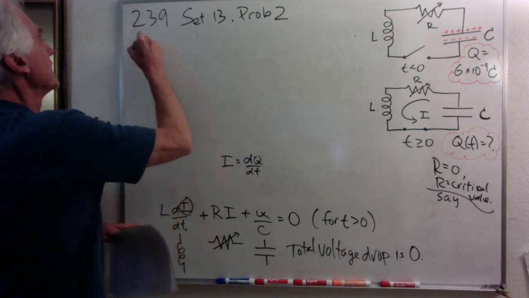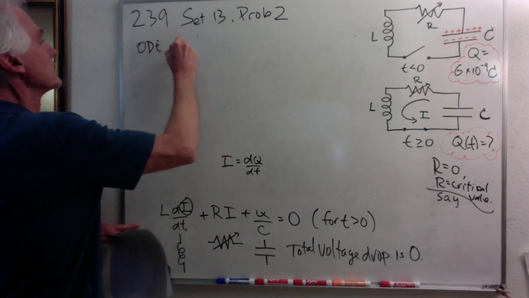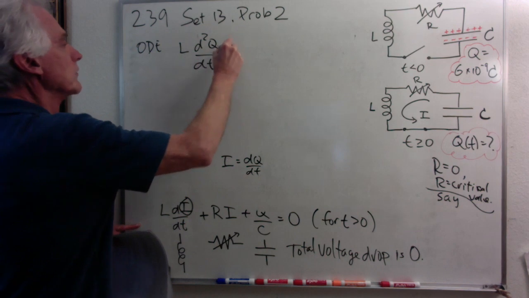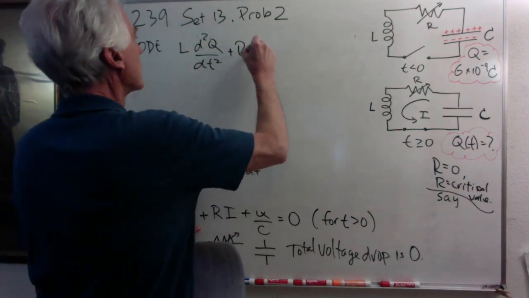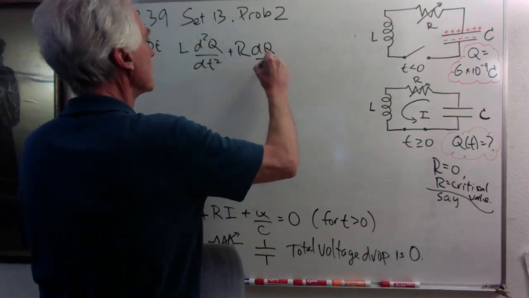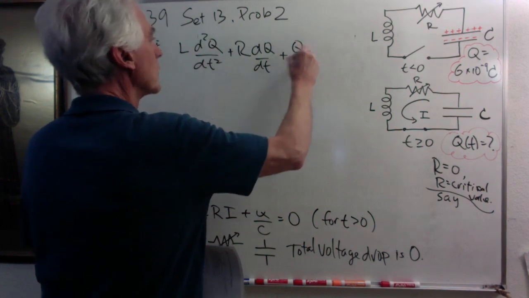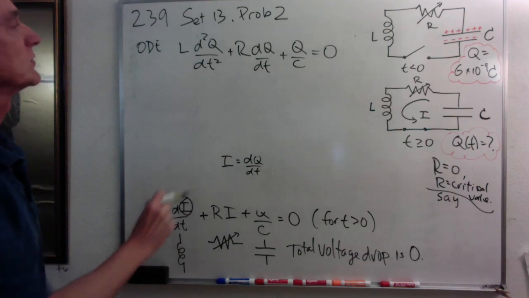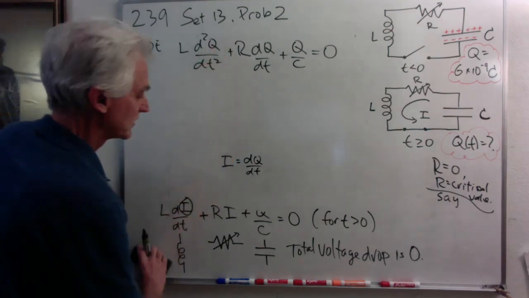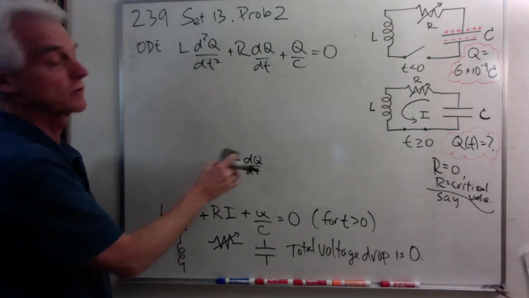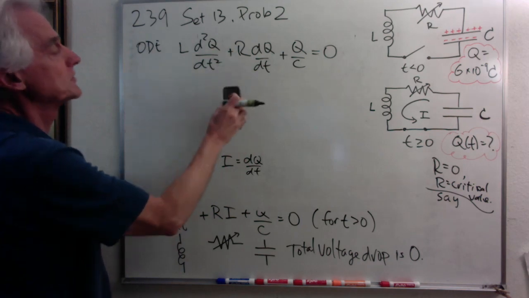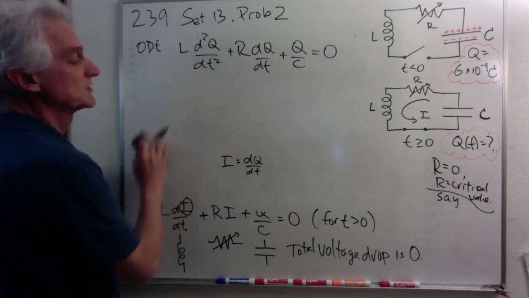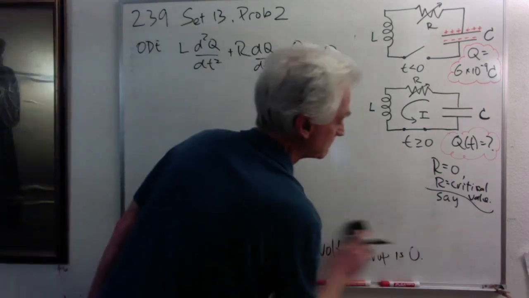So the ODE is L d squared q/dt squared plus R dq/dt plus q over C equals 0. Okay, so this is a second order linear homogeneous ODE with constant coefficients. So we know how to solve those.